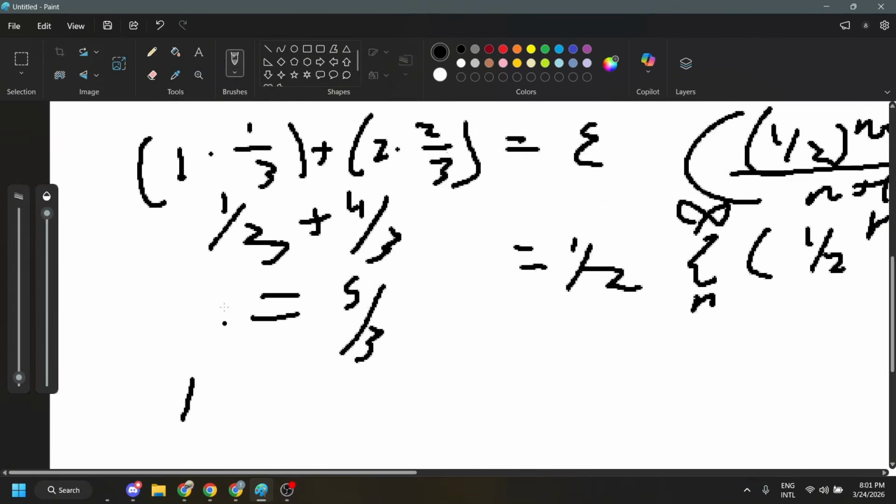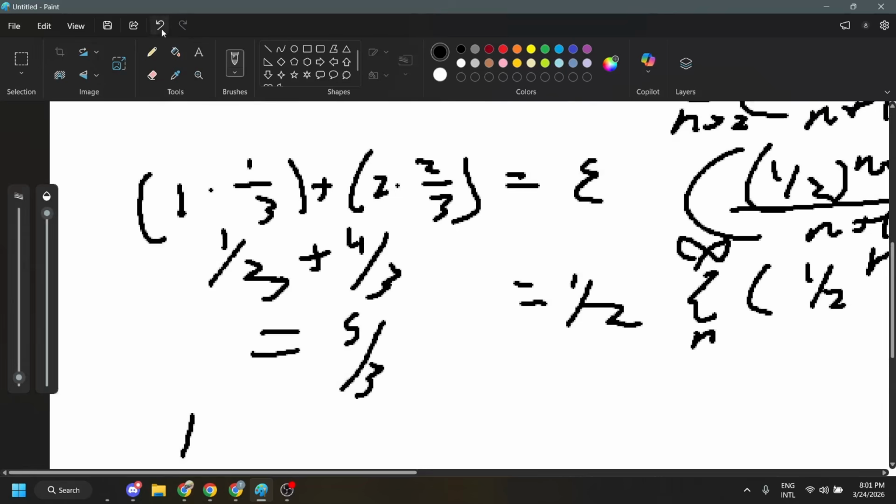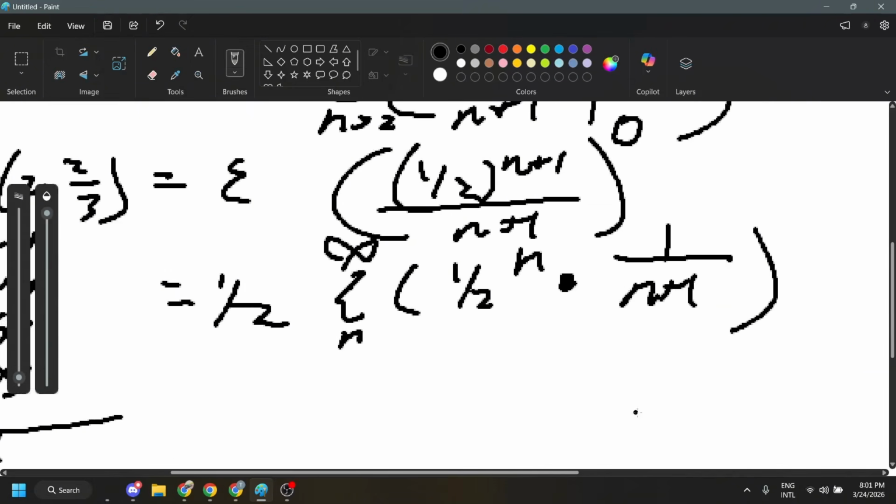Can we change it to 1? No. 2 plus 2 over 6? No. Or 2 over 9? No, you cannot. Yeah, no. Huh. I mean, it's pretty easy to find the sum of this, but I just don't know what to do.